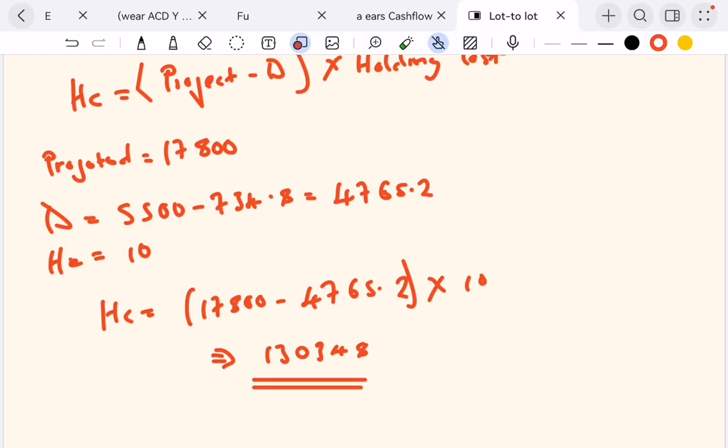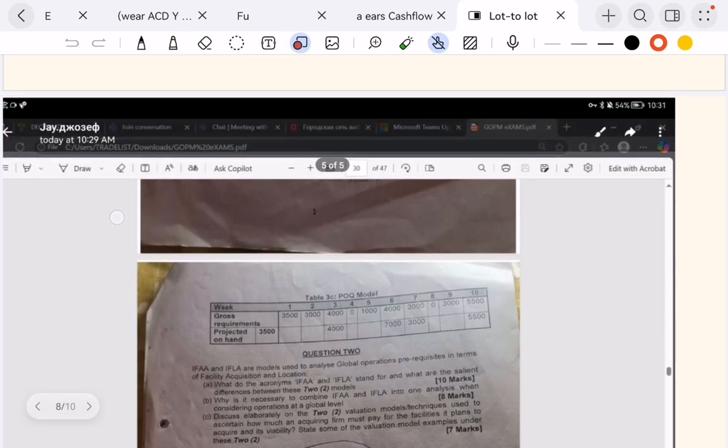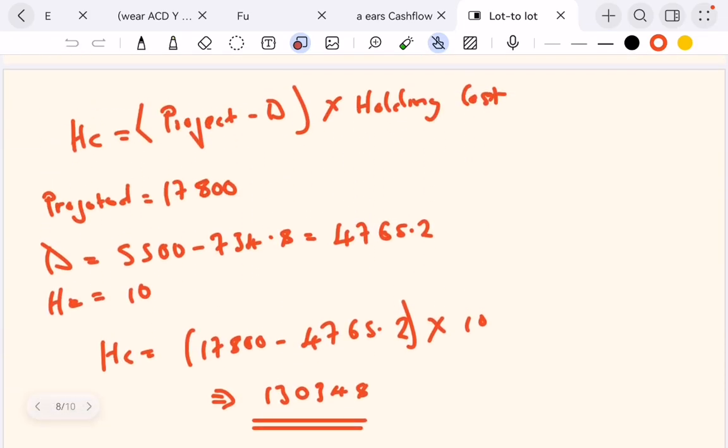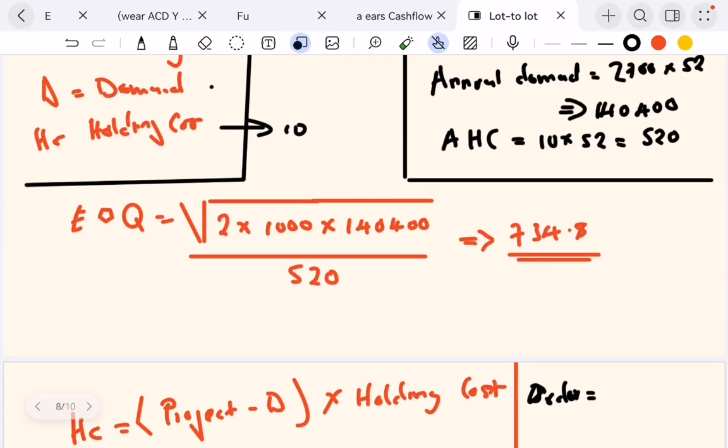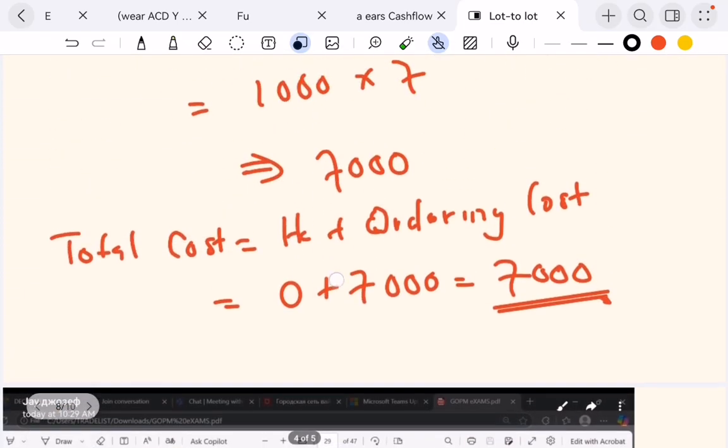And then the ordering cost. So the ordering cost will be equal to this formula here: ordering cost or setup cost times the number of orders.